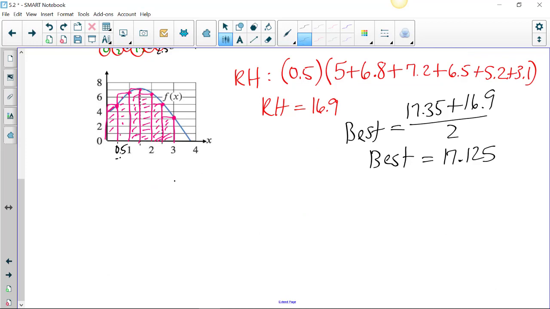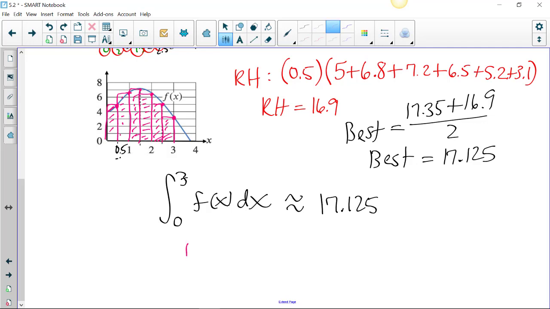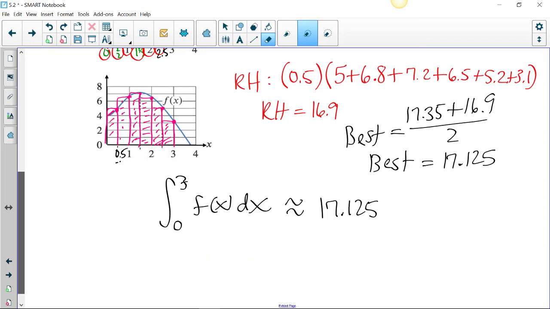The integral from 0 to 3 of f of x dx is approximately 17.125. Now, I did use a computer program. The exact value is, oh no, sorry, I couldn't use it on this one, because I don't know the function.